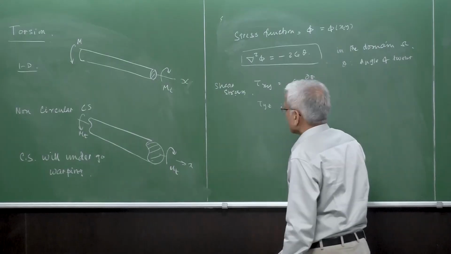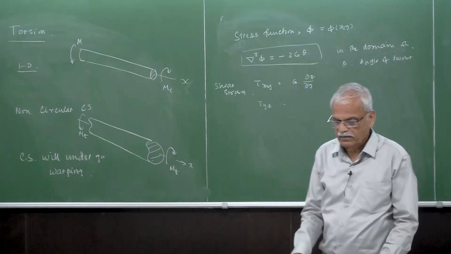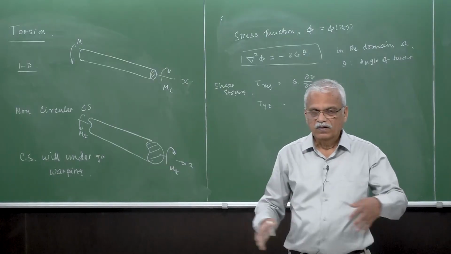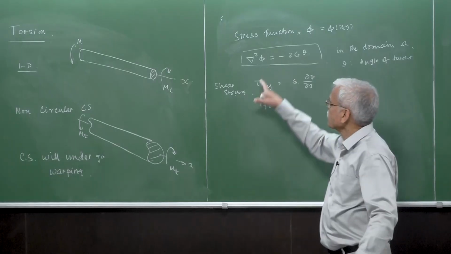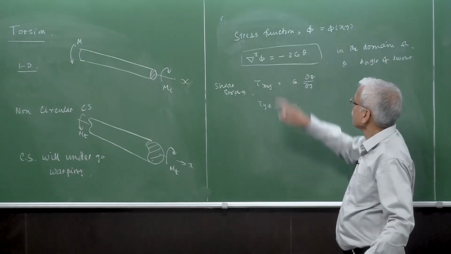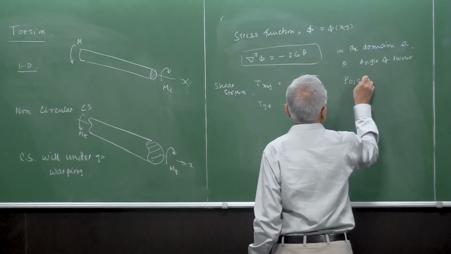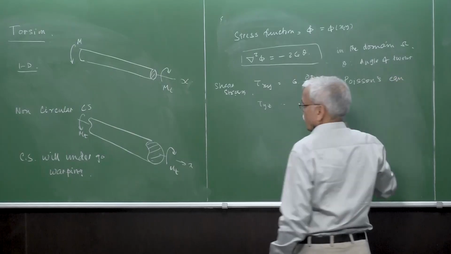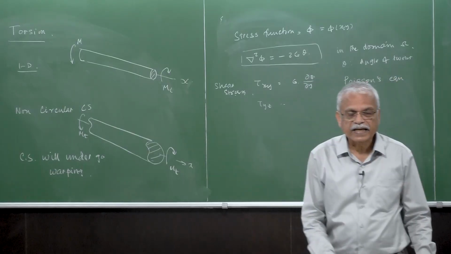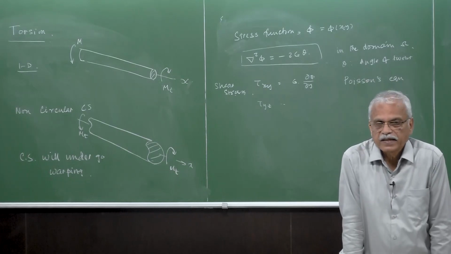Angle of twist, okay? So you can see that this problem surprisingly follows the same pattern of our earlier problems. So this is also a Poisson's equation. If you know how to solve the Poisson's equation, you can solve a host of problems of our typical mechanical engineering things.